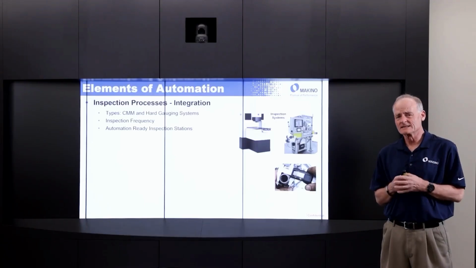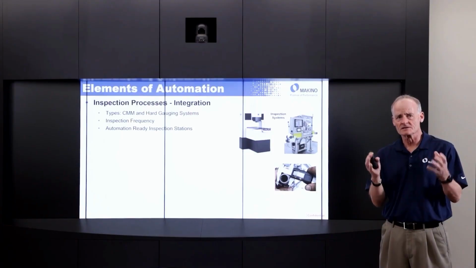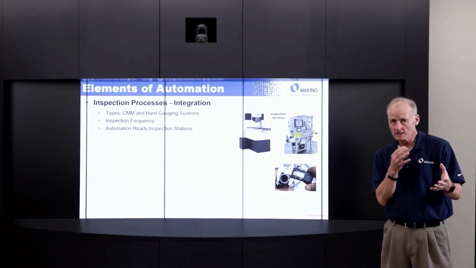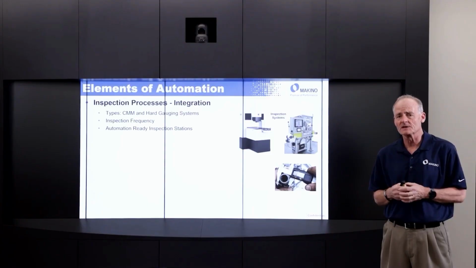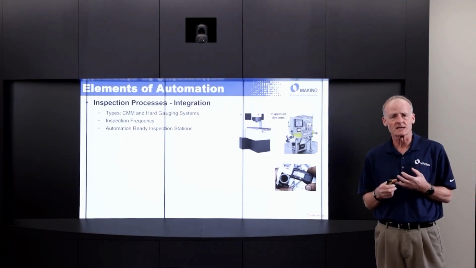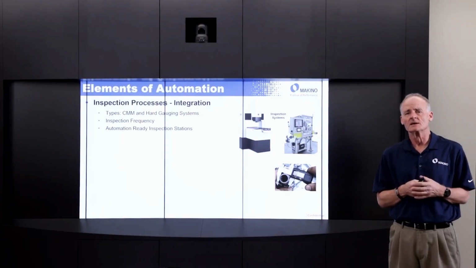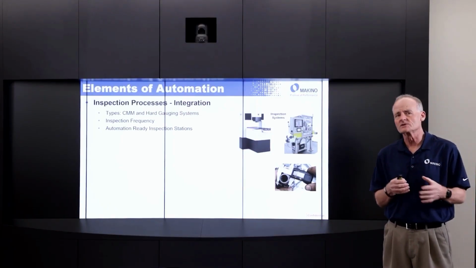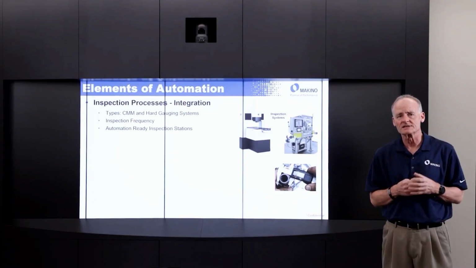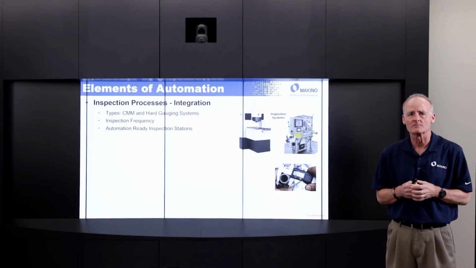A little bit more about the inspection process and the integration of that into the automation. We've integrated several different types of inspection systems within our automated systems, CMMs, different types of hard gauging systems where we may be inspecting one or two features at 100% frequency. You want to determine what frequency you're going to use for this inspection process.